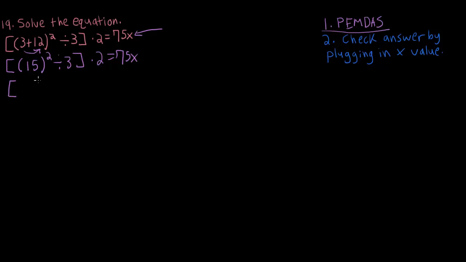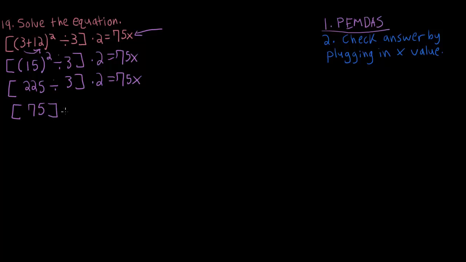So 15 squared is 225 divided by 3, close the bracket, times 2 equals 75x. Inside the bracket, 225 divided by 3 is just 75 times 2.